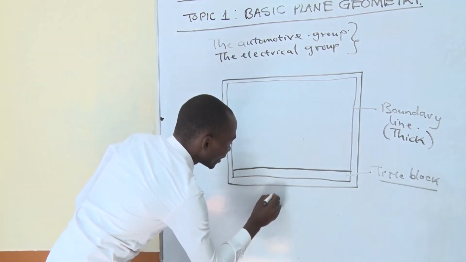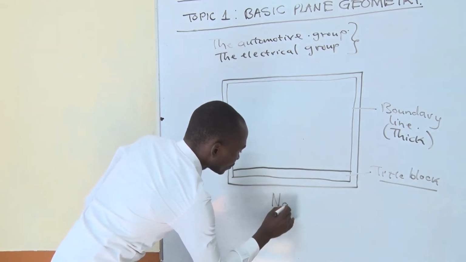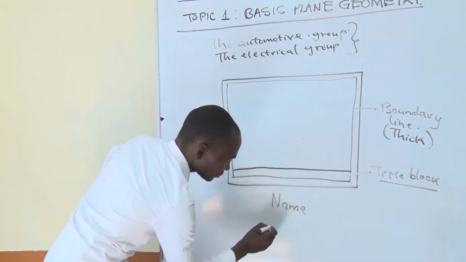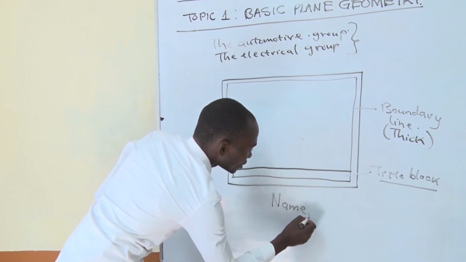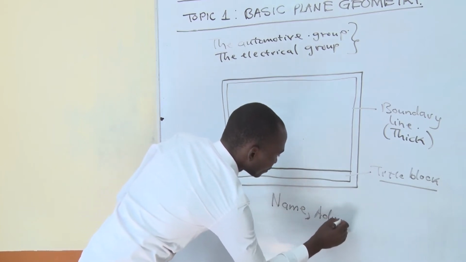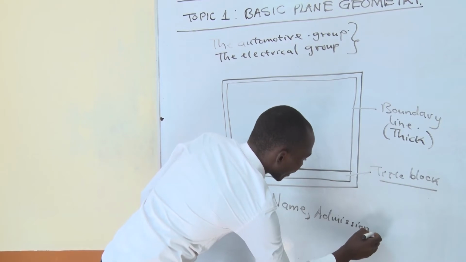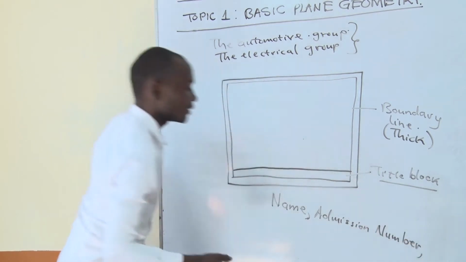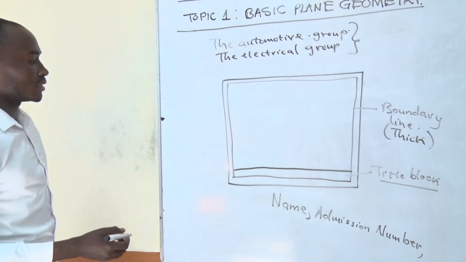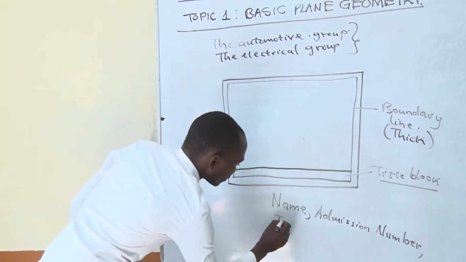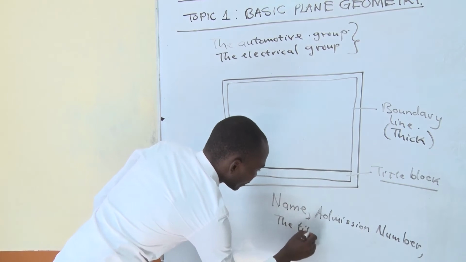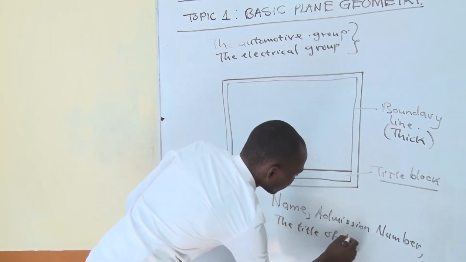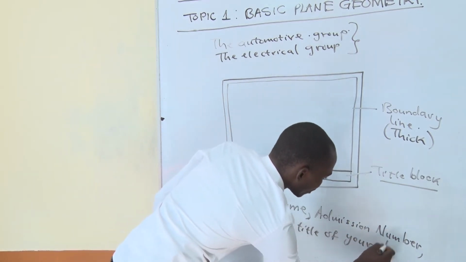We have your name, you'll write your name. The other thing you write is your admission number. Then the third thing that you need to write is the title of your drawing.